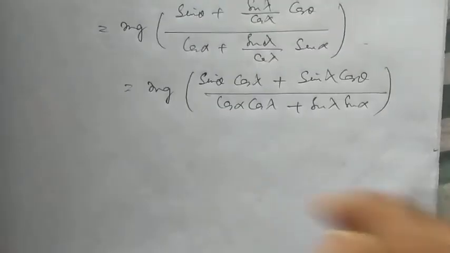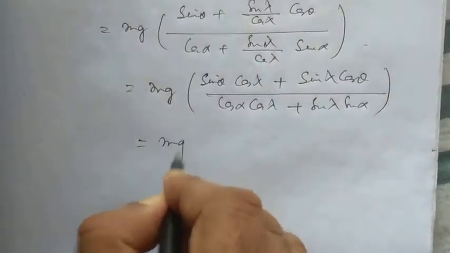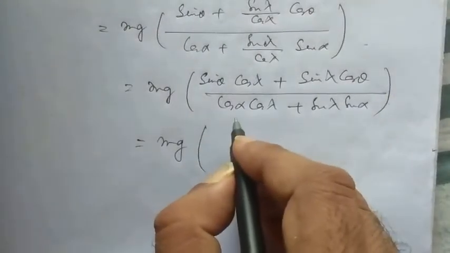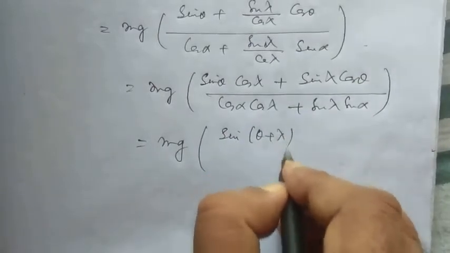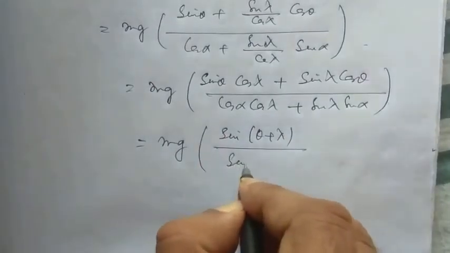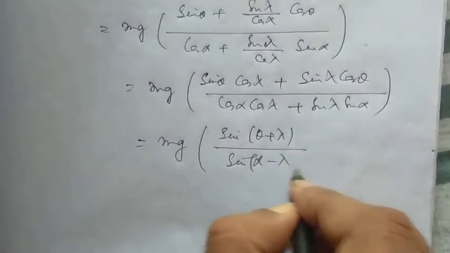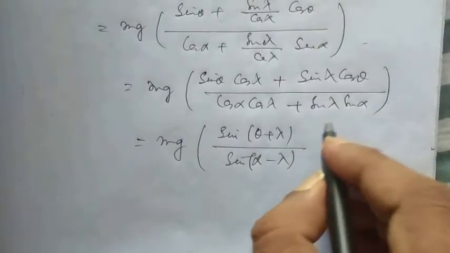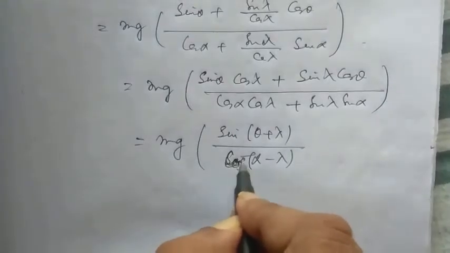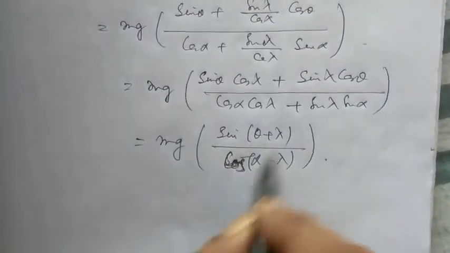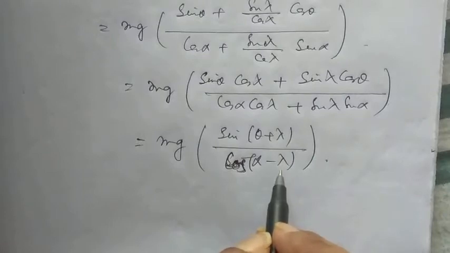Now according to trigonometry, these are compound angles. So the numerator becomes sin of theta plus lambda, and the denominator becomes cos of alpha minus lambda.